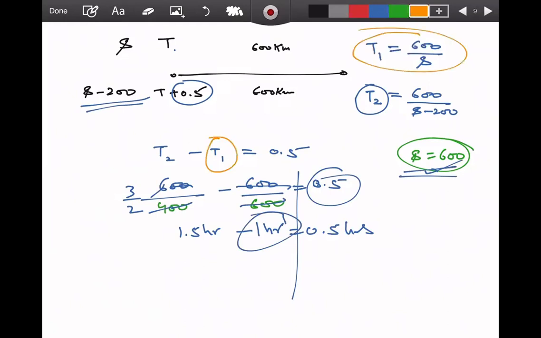T1 is the original time. This is 1 hour. In the new case, it is 1.5 hour. And this is 30 minutes more than the usual time. So all conditions are met. Correct? Or you solve for S and then you use this equation to find T. I don't prefer that.